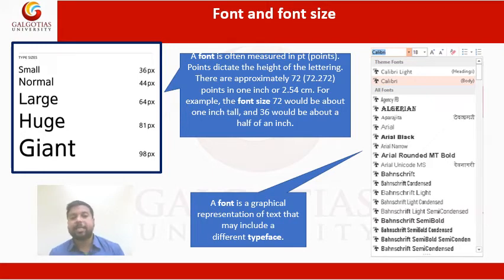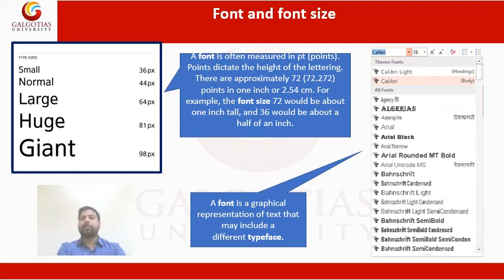The next thing is, what are fonts? A font is a graphical representation of text that may include different typefaces. Like you can clearly see here, all the fonts have different typefaces. Whenever you type any alphabet, it looks different from the previous one.